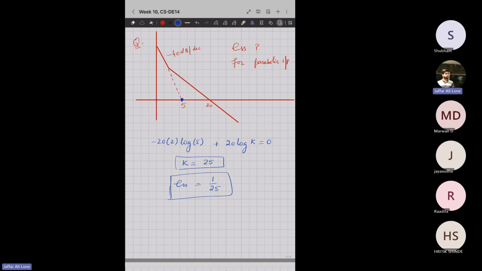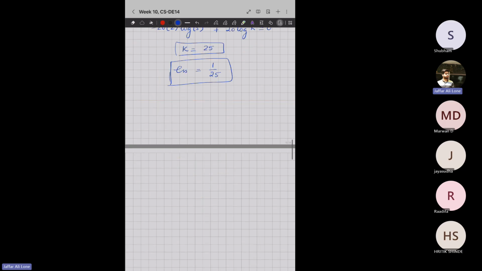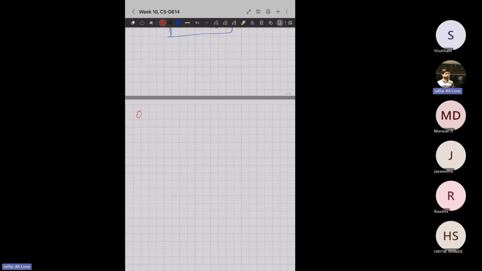So before we end the Bode plot discussion, I would want everybody to solve this question, which is basically about finding transfer function from the Bode plot. So if you're able to solve it, then you have understood what is Bode plot and how you get transfer function from a Bode plot.